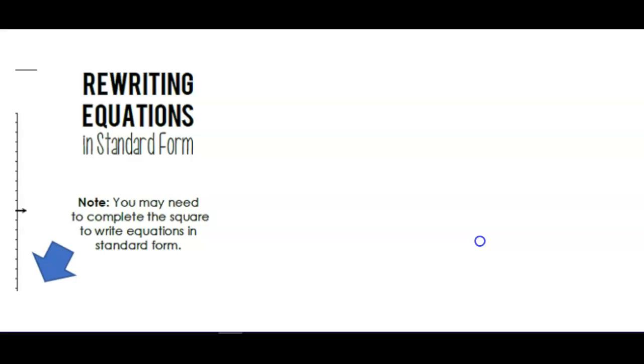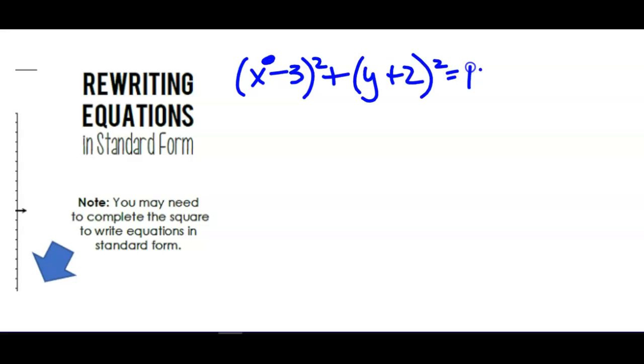We are going to practice writing equations in standard form. If you have a question like this, what they will do is FOIL this all out, and you'd get x squared minus 6x plus 9.